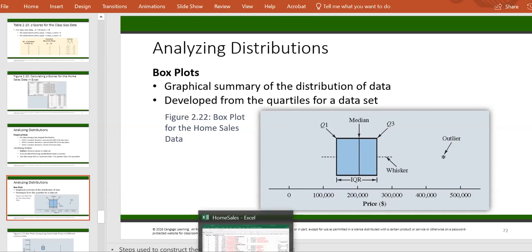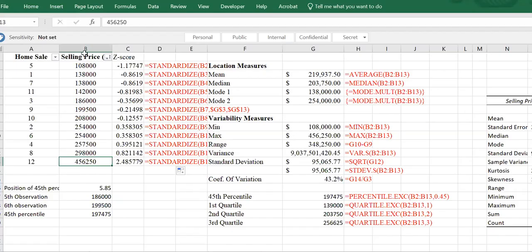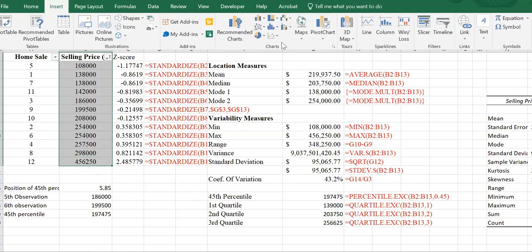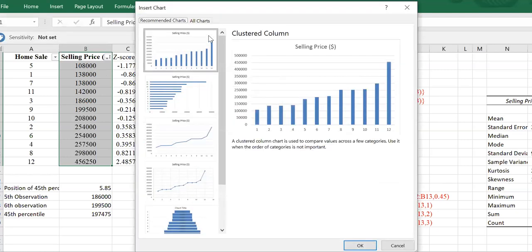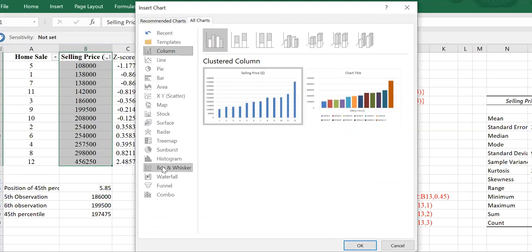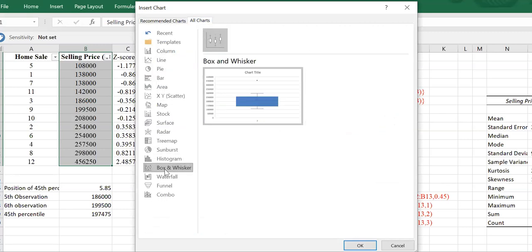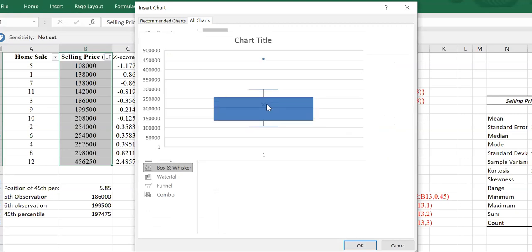How do we draw it? I'm just going to use the selling price, and I'm going to insert a box plot here. Highlight the selling price, go to the charts, pick all charts, box and whisker, and pick that.